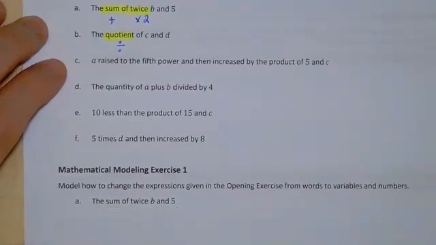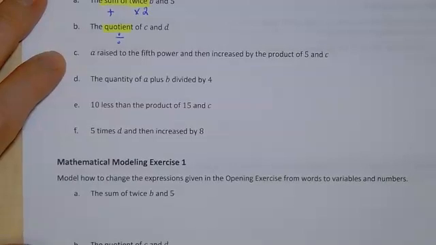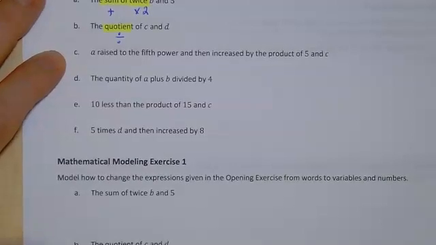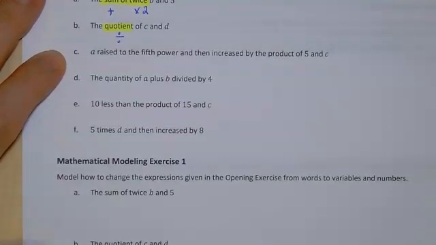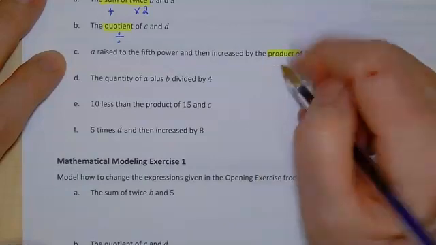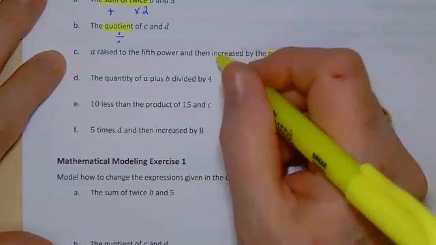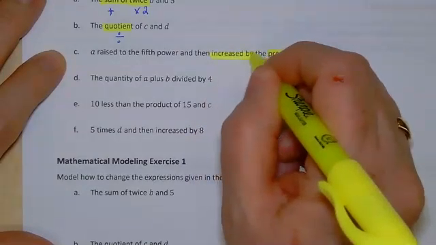Okay, part C. A raised to the 5th power, then increased by the product of 5 and C. What are the important words? Caitlin, give me one of them. Product means we're going to multiply. Shane? Increased by. What does it mean when we increase something?